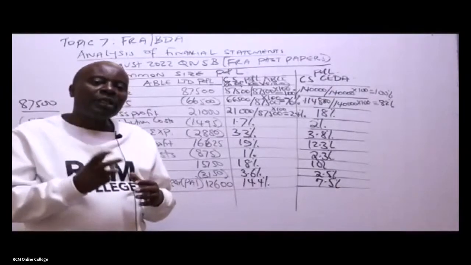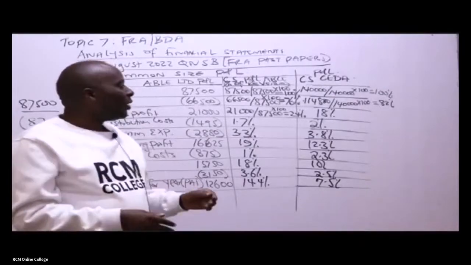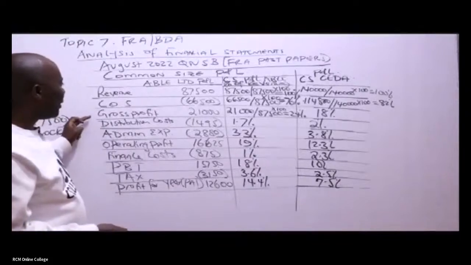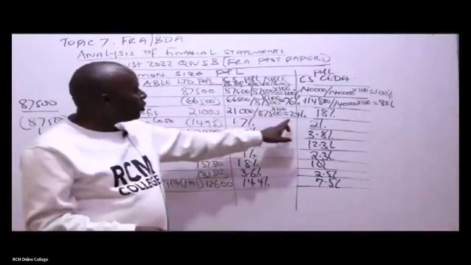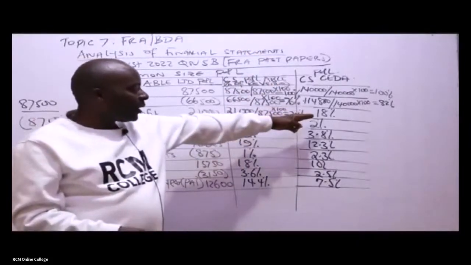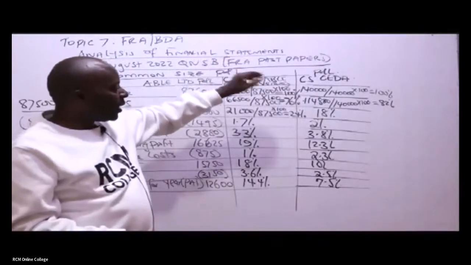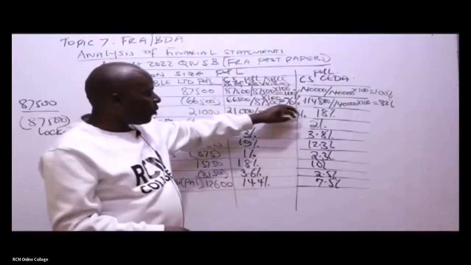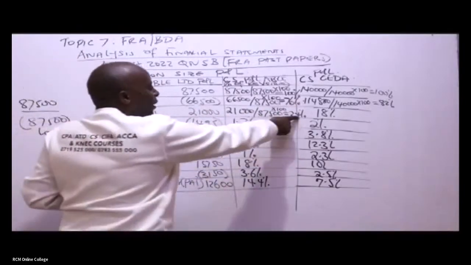So whenever you are told to advise investors, potential shareholders, always look at the gross profit margin, the gross profit percentage. You can see Able has a higher one, 24%, the other one is 18%. It doesn't matter how high the sales are. We're only interested in the profits here. So in terms of gross profit percentage, Able is better.